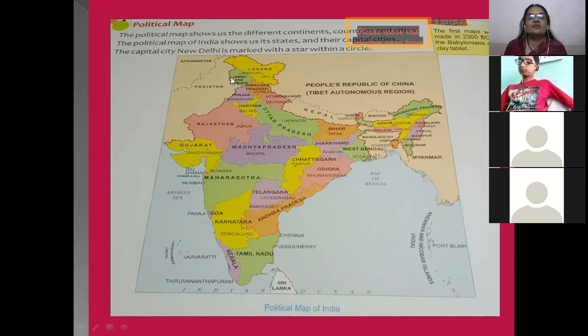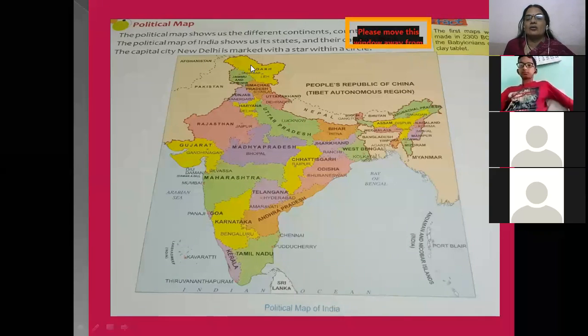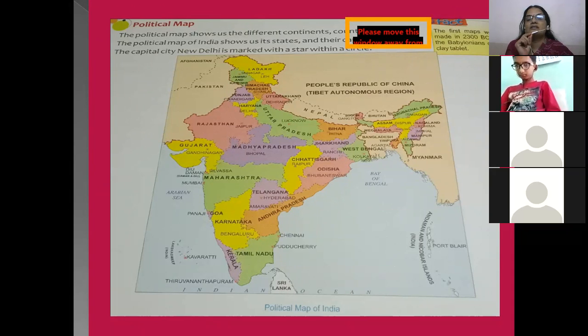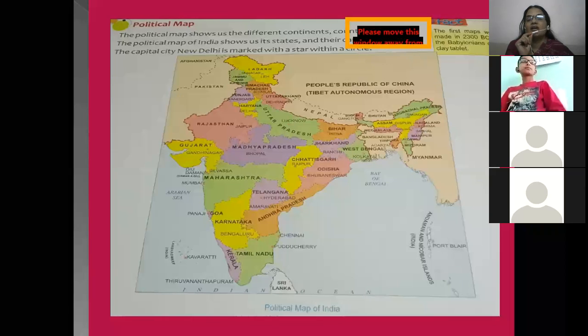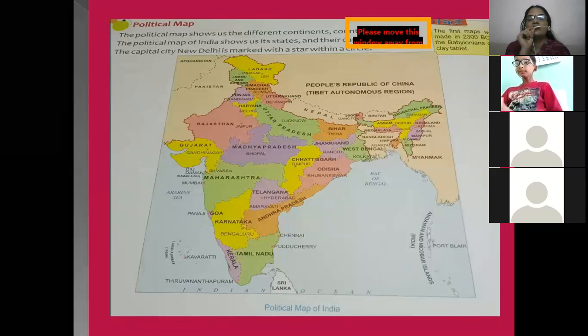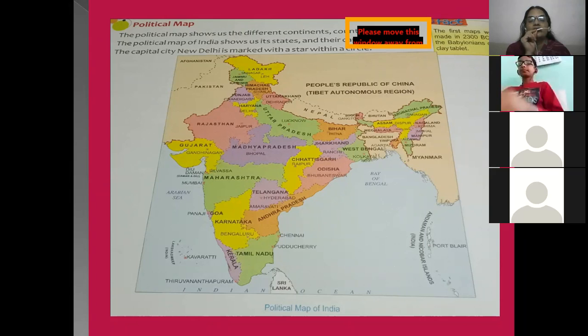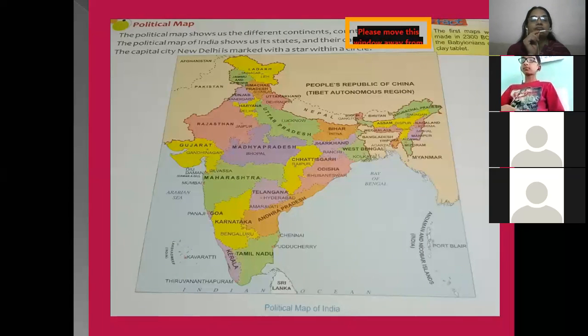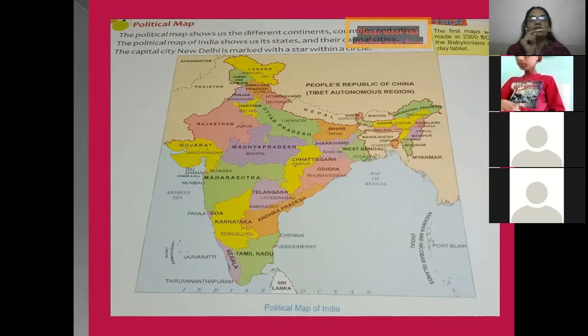In the earlier chapter, we studied about the continents also. You all are aware of the different continents. How many continents are there? Yes, seven continents are there. And India comes in the Asia continent. Clear, students?